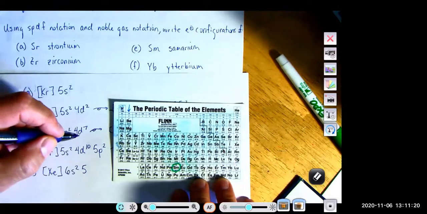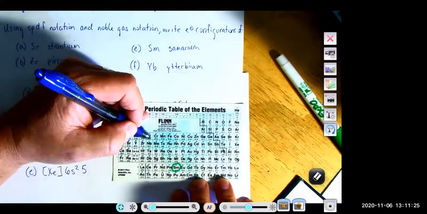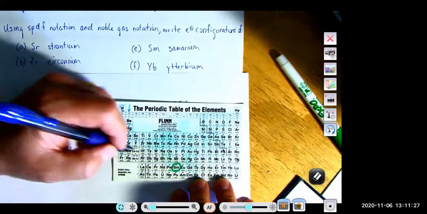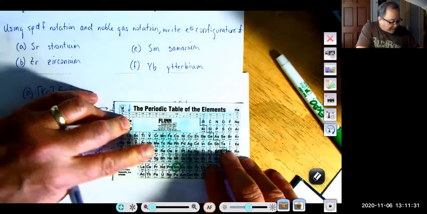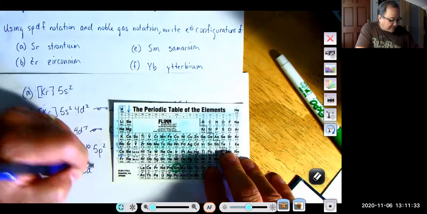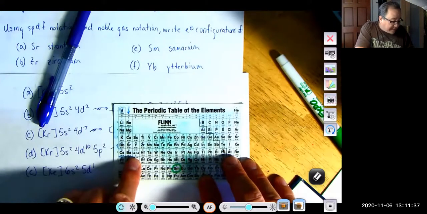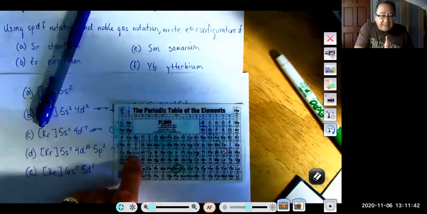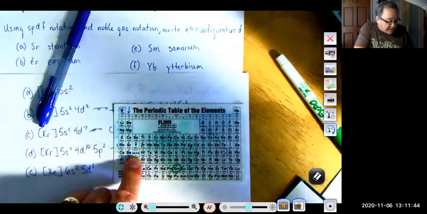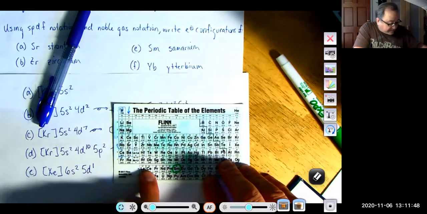This kind of confused me again. 5d1, because look at this element right here. That's number 57, right? So that's only the first element in the d block. So 5d1, and 58 is down here.